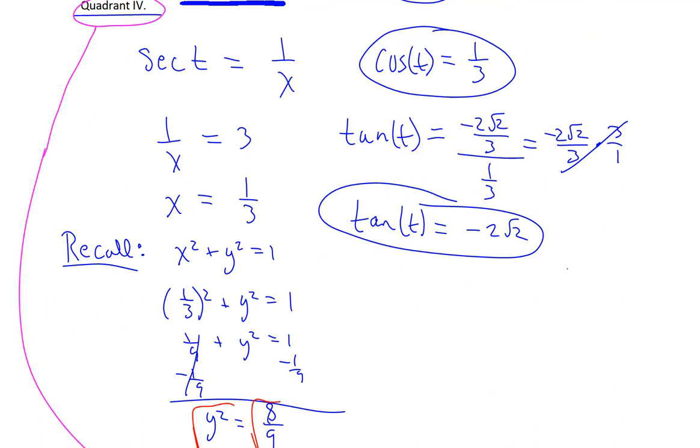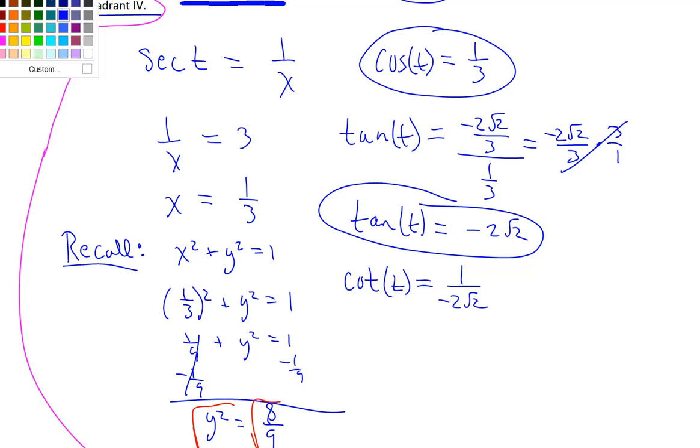We've got to keep going to get all 6 of these. Next we could do maybe cotangent. The order doesn't really matter that we use for these. Cotangent, you'll notice, is the reciprocal of tangent. So if we already know tangent, we can just flip that over and it'd be 1 over negative 2 root 2. Of course, we'd want to rationalize this, so we could multiply by root 2 top and bottom in order to rationalize.